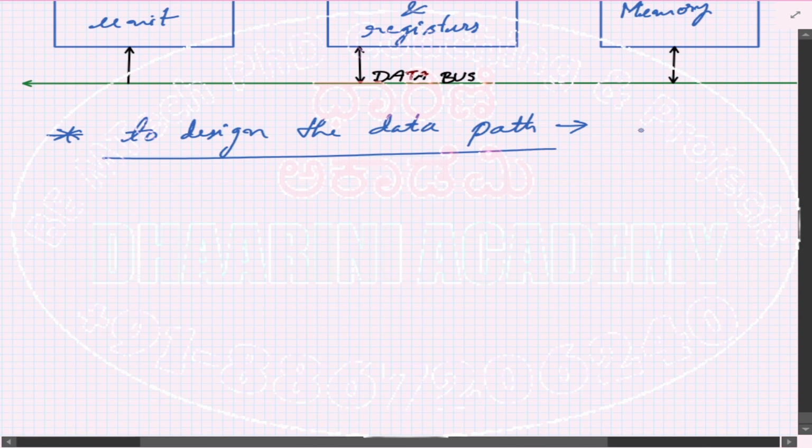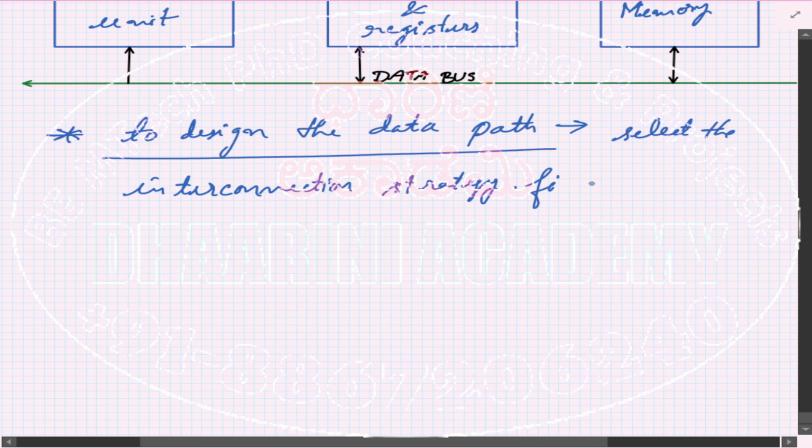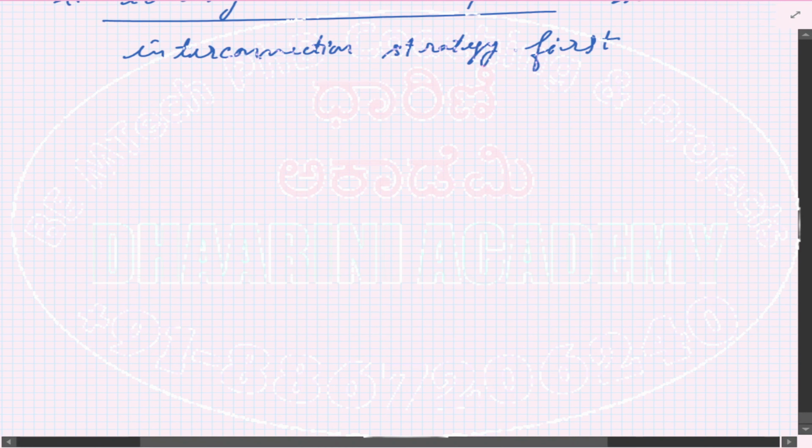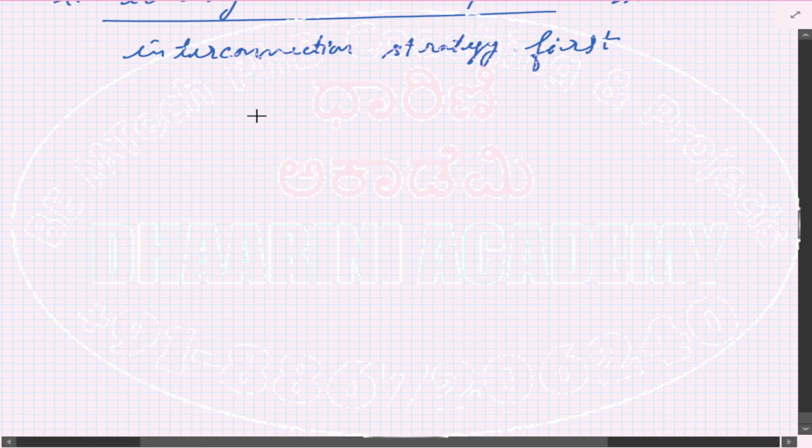So to design this data path, select the interconnection strategy first. Right, we need to do the selection. What do you mean by the selection of this? It's like this.